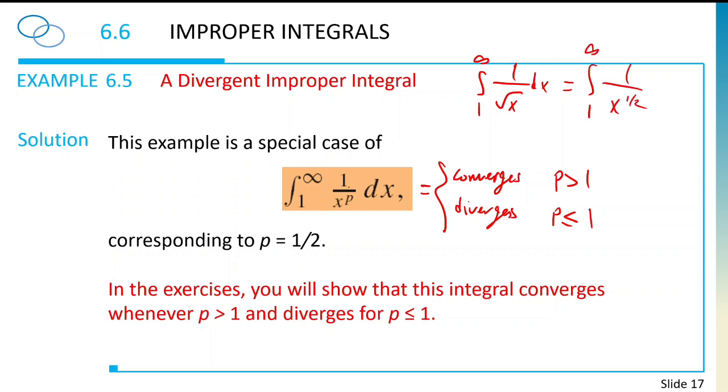So it's of this form, but p in that case equals half, which according to this is supposed to be divergent, and we already proved that it was divergent. So no need to prove it, I just need you to know that: p greater than 1 converges, less than or equal to 1 diverges. You'll see later on we'll need it when we use the comparison test. We can use this fact with the comparison test.